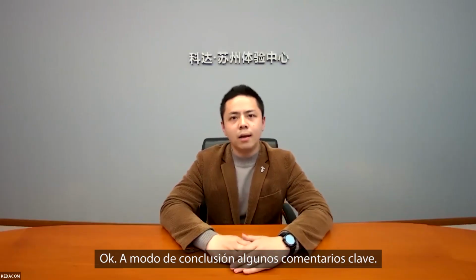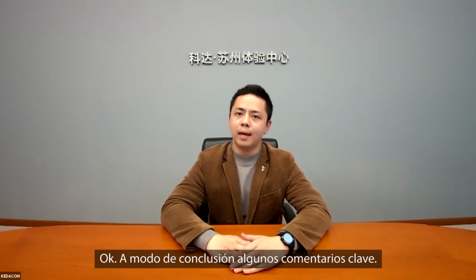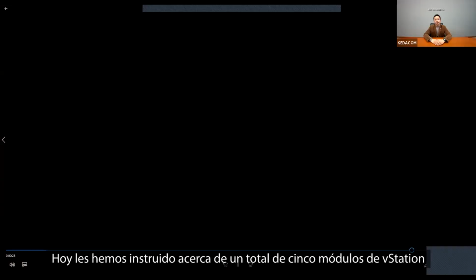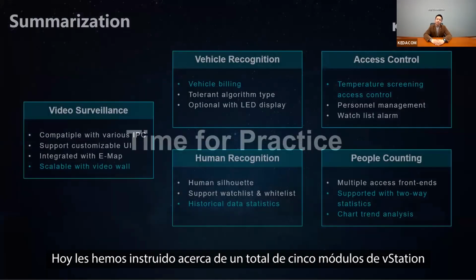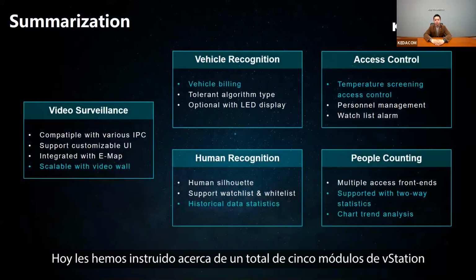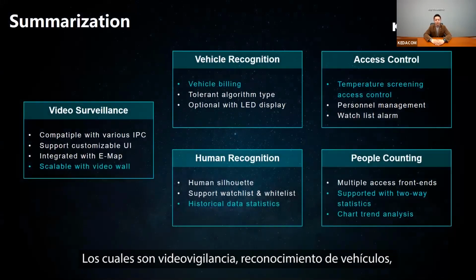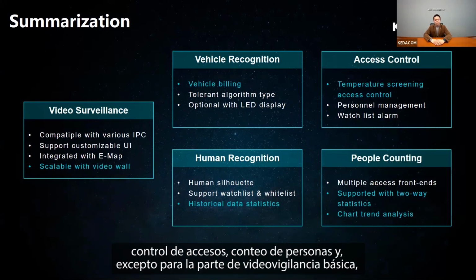Okay, so in conclusion, here are some key remarks. Today, totally 5 modules of VStation we've instructed for you, which are video surveillance, vehicle recognition, access control, people counting, and mobile application.